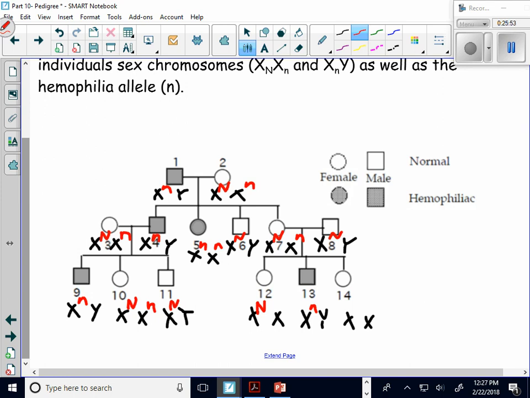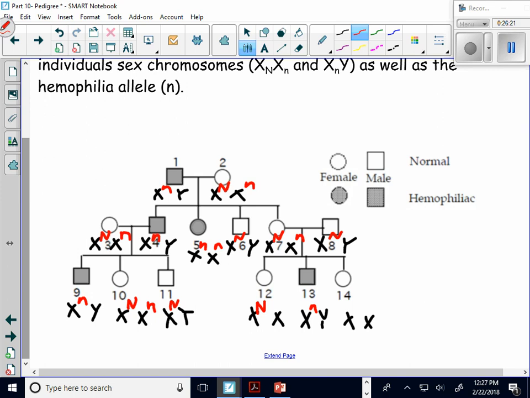Could have been from either one, right? Okay. Does Dad have to give her a big N? Yeah, he has to give her a big N or a Y, right? Did Dad give her a Y? No, so he had to give her a big N. What about the second X? We don't know, do we?